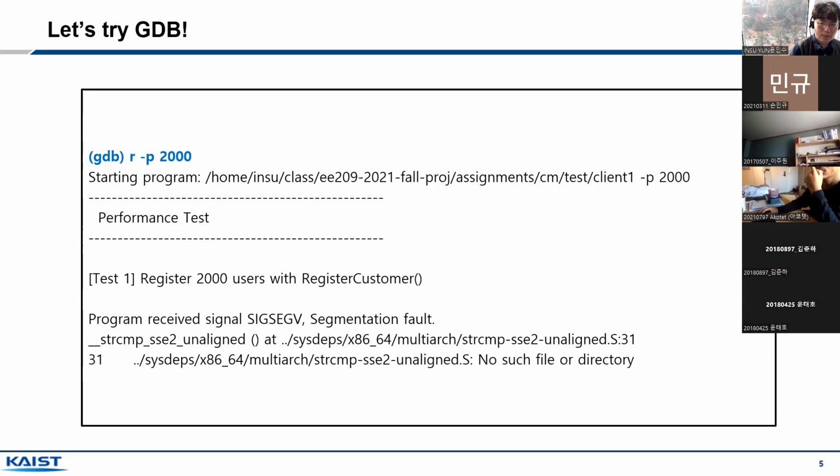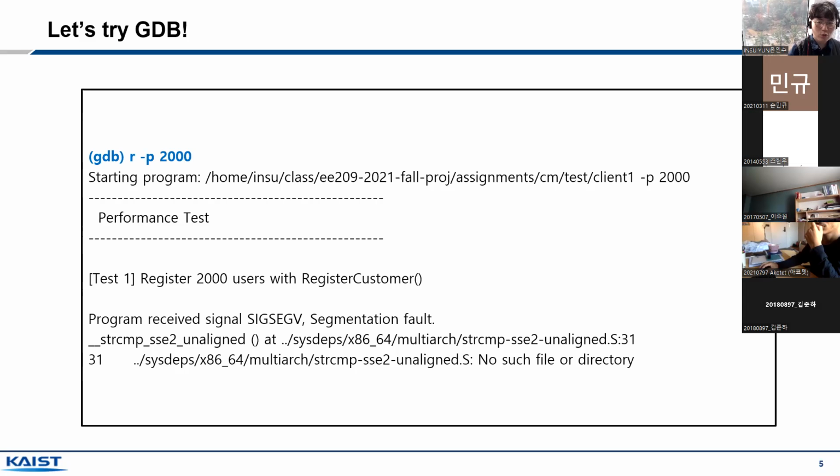SSE2 is one of the hardware features, and what it says is that it is the string compare for SSE2. You don't have to know what it means exactly, but just for your information. You can just think of it as the string compare. It crashed at the string compare.